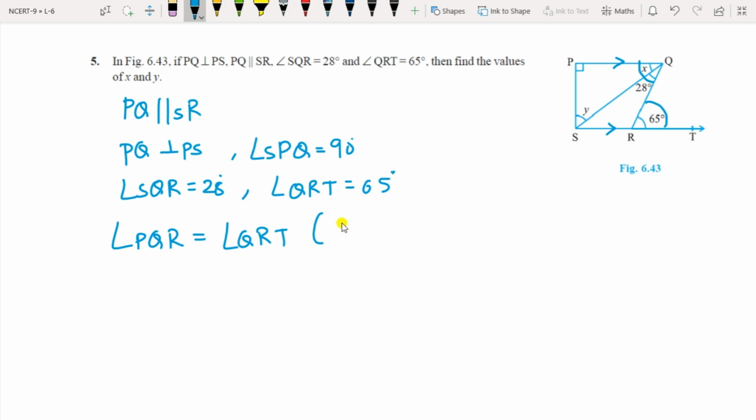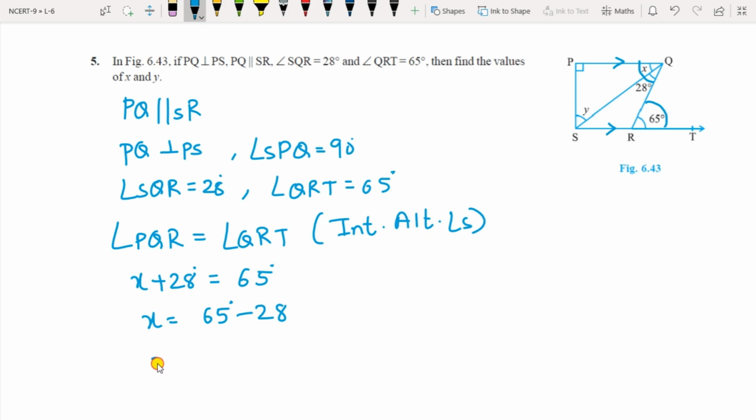The reason is interior alternate angles. So X plus 28 equal to 65. So X will be equal to 65 minus 28. X will be equal to 37 degrees. So the value of X is 37.